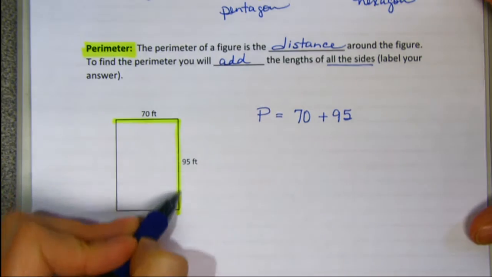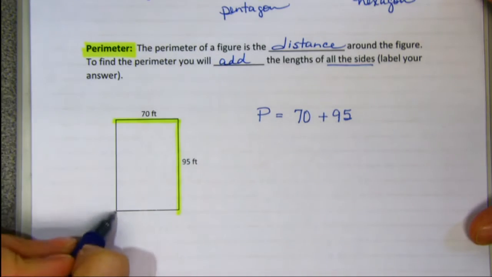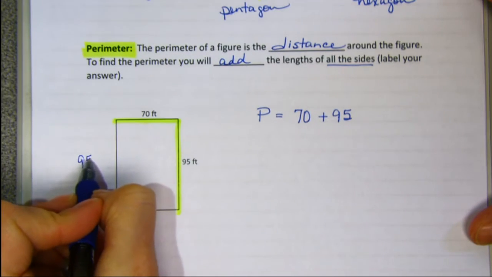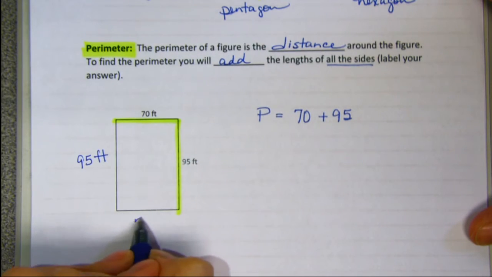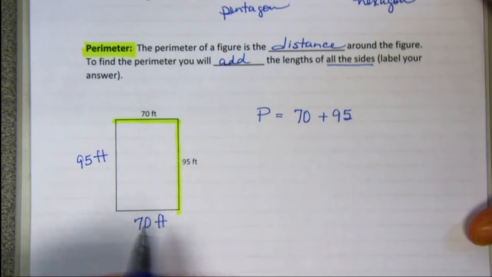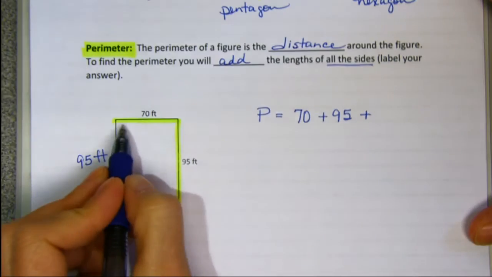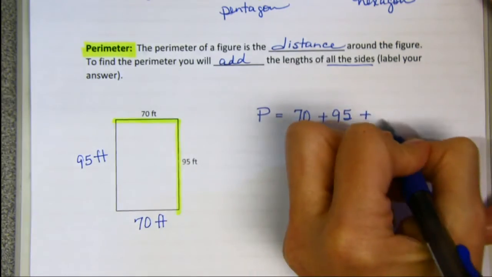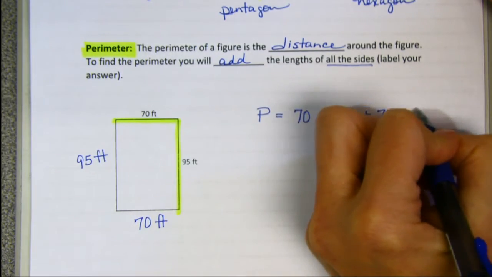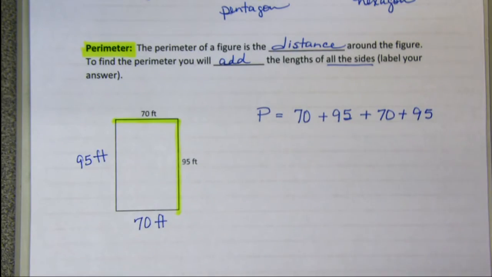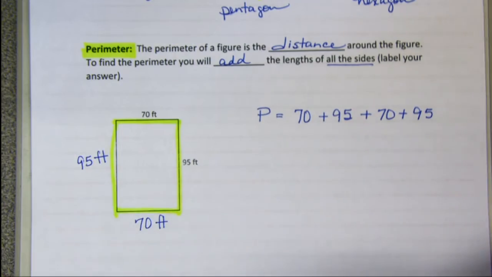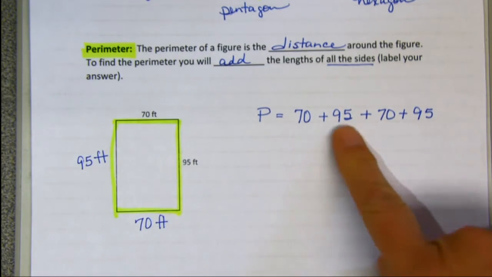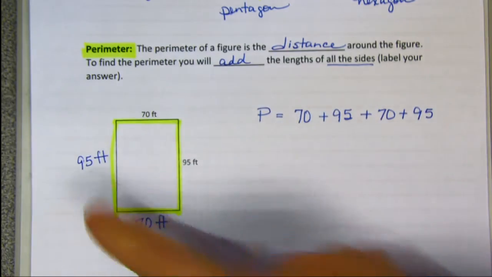Well, this is my length, which means this length is the same. So this is 95 feet. Here is my width, which means this is my width. So it is 70 feet. So then, if I start at 70, 95, I need to add another 70 and another 95. That would then include all 4 sides. So just remember, I have 4 numbers because I have 4 sides.